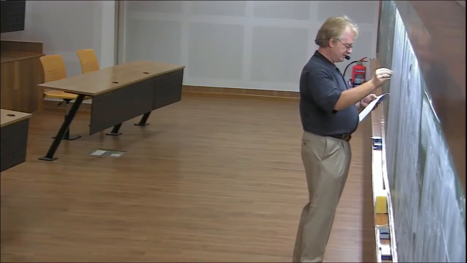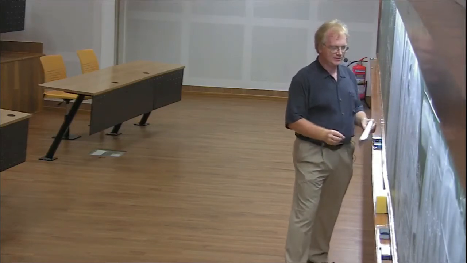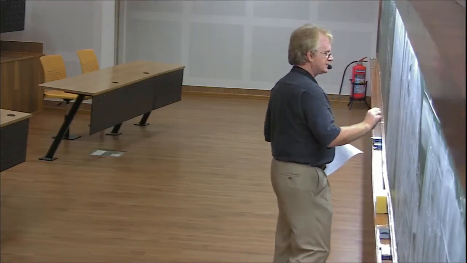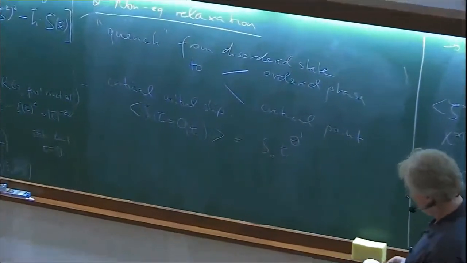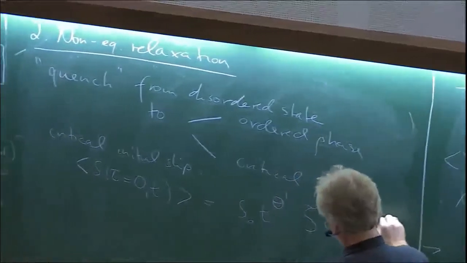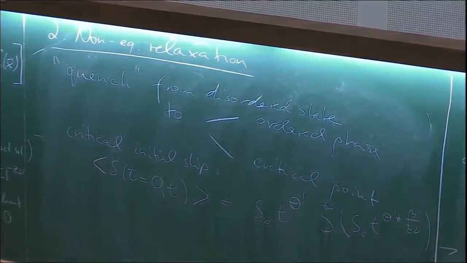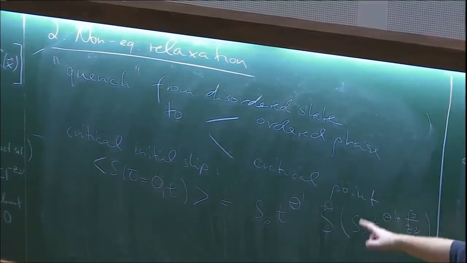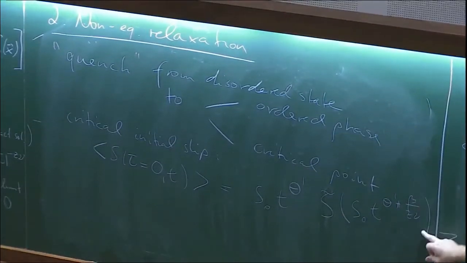For the order parameter, what one finds, when I'm quenching onto the critical point precisely and look at the time dependence, is that there is an overall amplitude, a time-dependent factor t to the theta prime which grows, and there's a scaling function. That scaling function comes with an argument such that at large values of that argument, large times, it goes as 1 over the inverse of that argument, so the s naught t to the theta prime cancel out, and I get t to the minus beta over z nu, which I know is the asymptotic long-time decay.